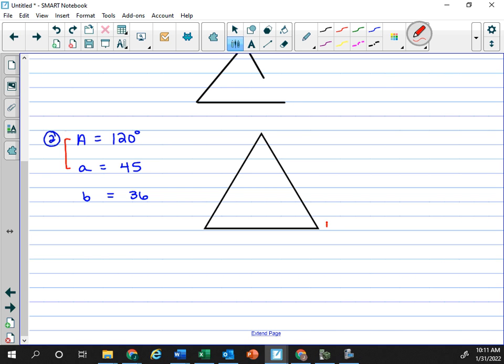Like if you put A over here, then 45 would have to be here, and let's say you put 36 down here, and you set it up this way. Which side is the moving side? And which way does it move? Do you see how it's harder to see? And actually it's A that moves.